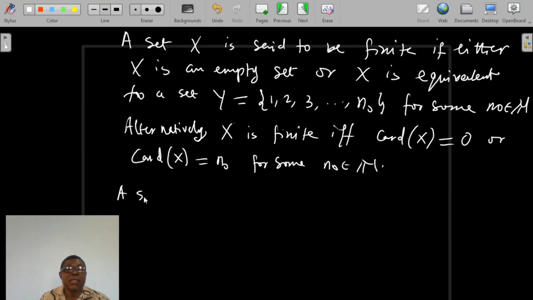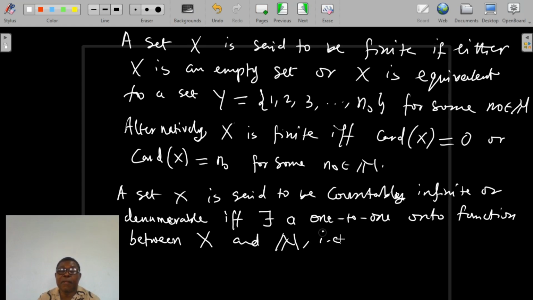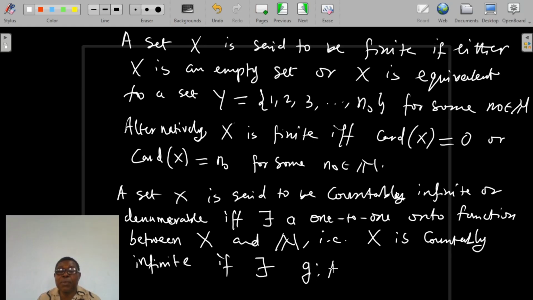A set X is said to be countably infinite, or denumerable, that is, X is countably infinite if there exists a G from the set of natural numbers to X such that G is a bijective function.